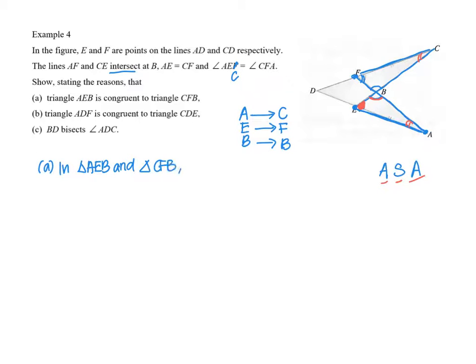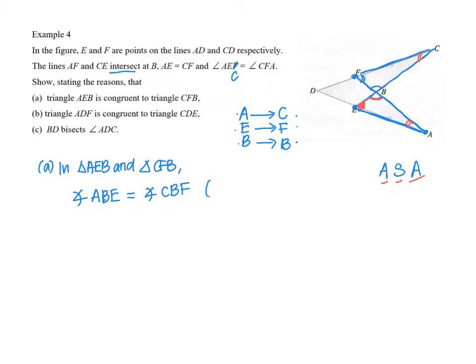CFB. I will start with my property, the first angle that I know, the vertically opposite angle, angle ABE, to be equal to, if it's ABE, I will have CBF. So angle CBF.